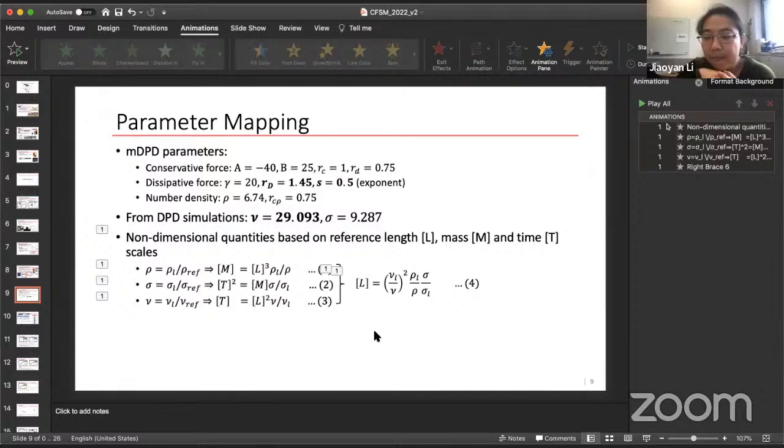Yes, we have tried to do that in the past. One way to increase or reduce the length scale, which gives us the one-to-one correspondence, is to have very high viscosity in the DPD system. To increase this viscosity, the best way is to adjust the exponent, but you can only adjust it to a certain extent.